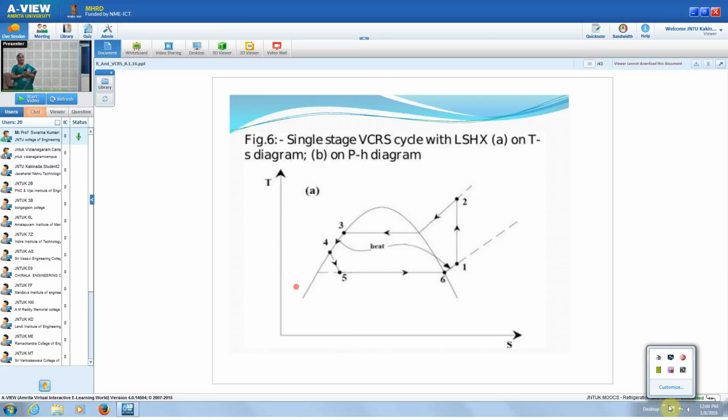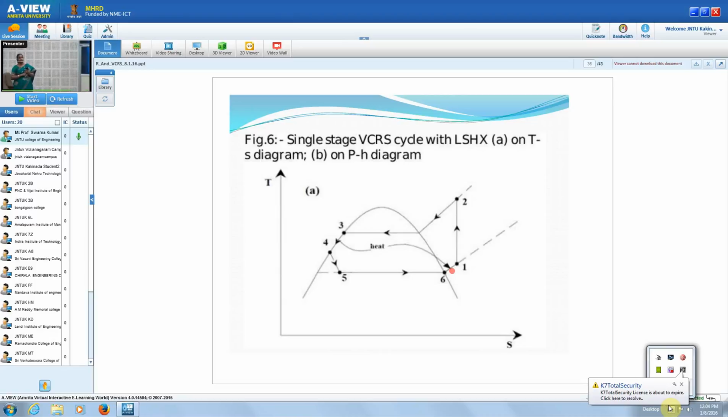This is the TS diagram showing this heat exchanger. 1 to 2 is compression, 2 to 3 is heat rejection in the condenser, and 3 to 4 is subcooling, possible by installing a heat exchanger before the expansion valve. Then 4 to 5 is the actual expansion in the throttle valve, 5 to 6 is the refrigeration effect produced in the evaporator, and 6 to 1 is the superheating possible with the heat exchanger.